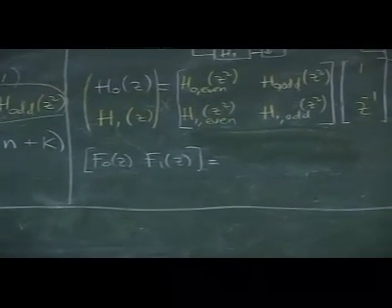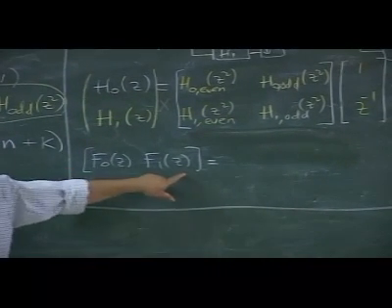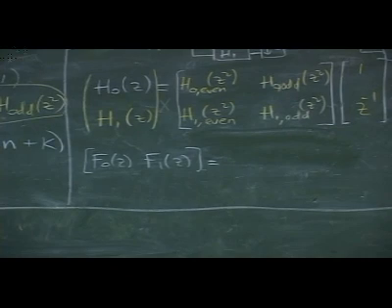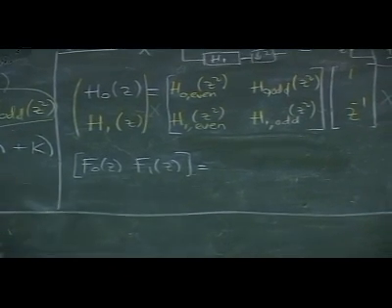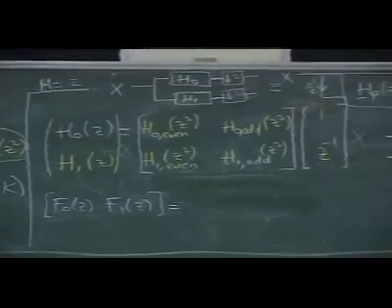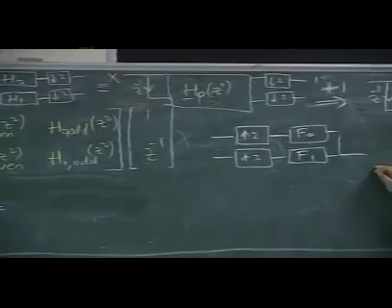Now, why do I have this as a row vector and this as a column vector? Because the operation here is serial to parallel, right?